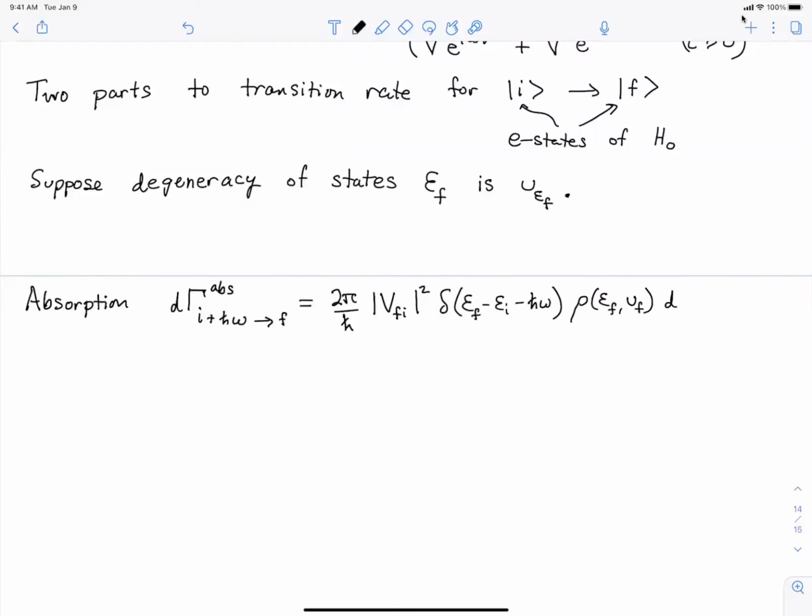And then to apply this, we need to sum or integrate over all the energies that we're interested in, and now over all of the degeneracies of the energies that we're interested in.